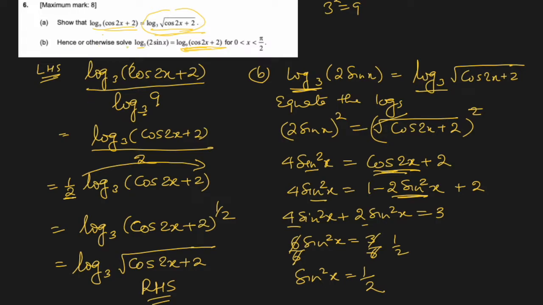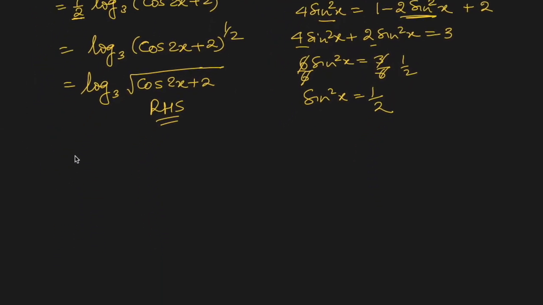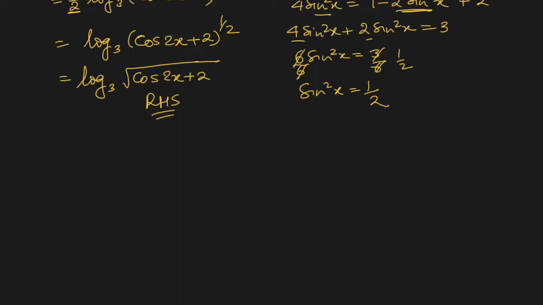But when they say solve, they mean find the value of x, not sine x or sine squared x. That means we have to go to sine x first and then find the value of x. Square root both sides again to get rid of the square. Sine x equals square root of 1, which is 1, over square root of 2, and because plus and minus both are square roots of half, this will be the one.